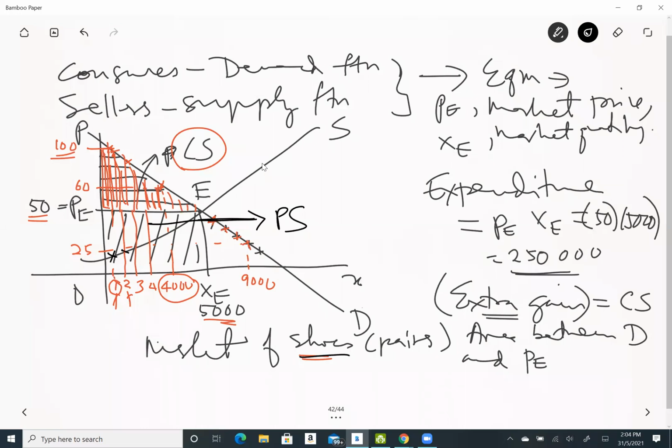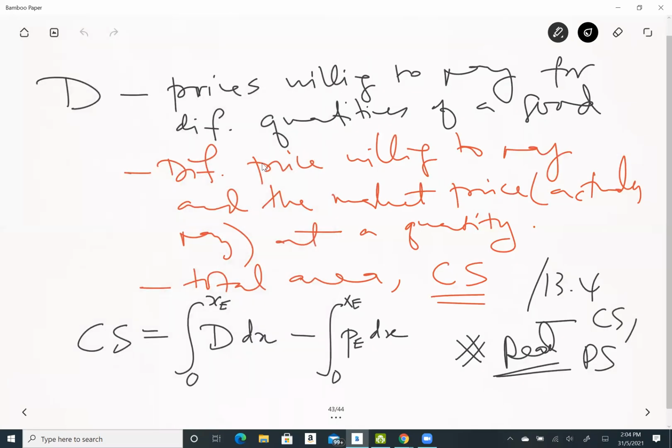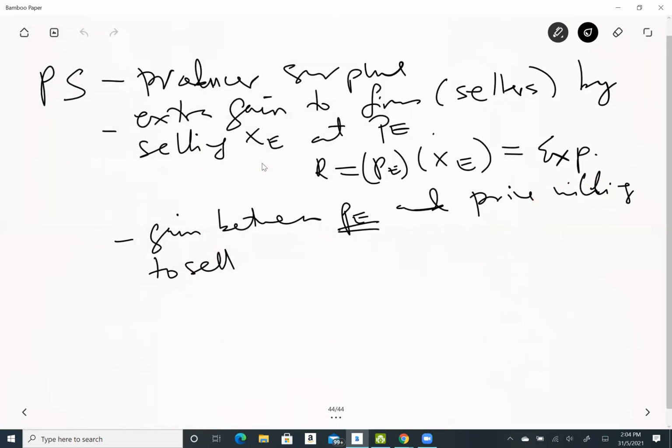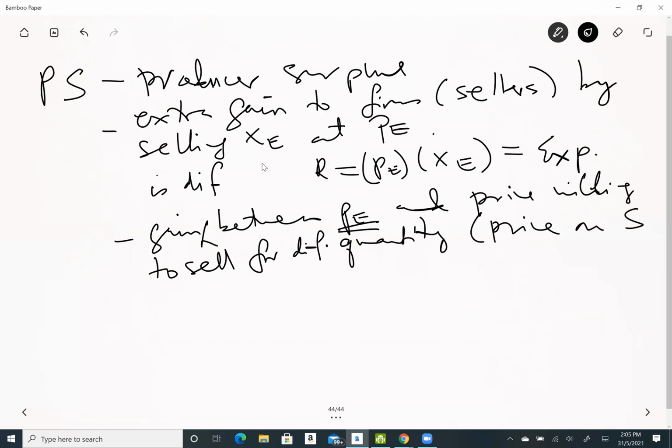So the supply function, the prices are the prices the firm is willing to sell for different quantities. So we are looking at the difference between the gain, I should say, the gain is the difference between the market price and the price firms are willing to sell for different quantity. So that is the price on the supply function, I'm sorry.